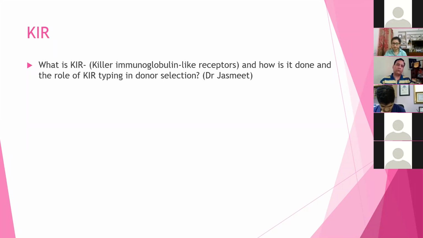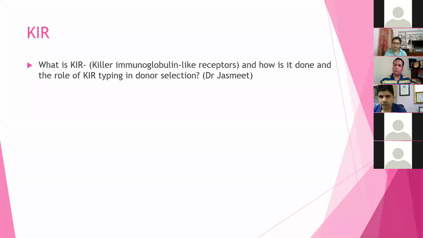So the ligands can be A, B, or C, but the more important ligands for KIR are on the HLA-C locus. So depending on the presence or the absence of the ligand, KIRs are then either activating or inhibitory KIRs. The role of KIR in transplantation is that typing is not done routinely, not at all for sibling transplant.